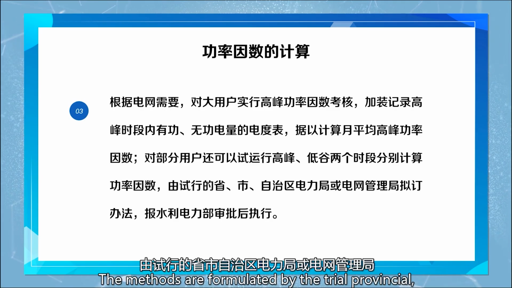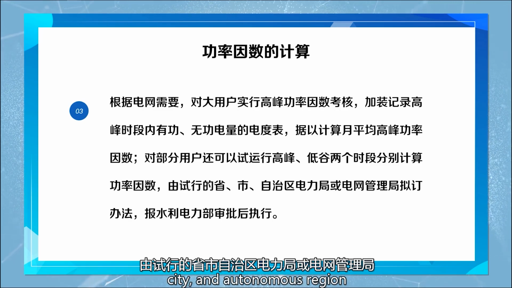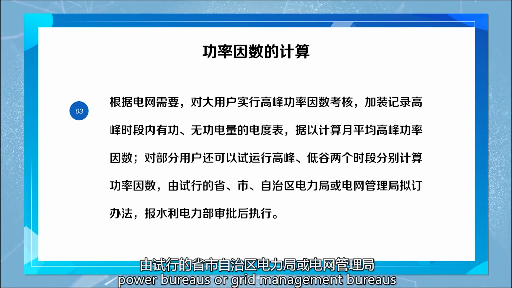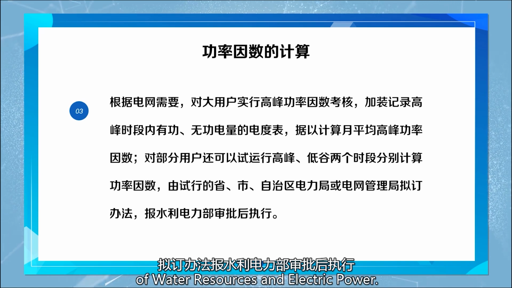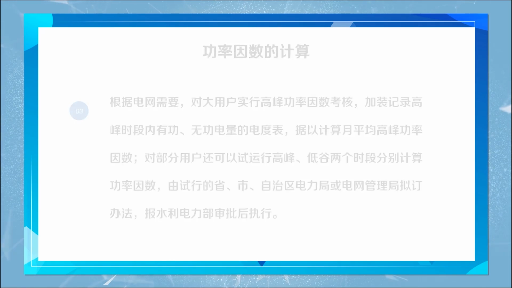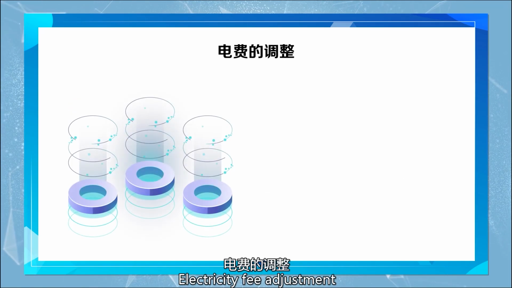The methods are formulated by the trial provincial, city, and autonomous region power bureaus or grid management bureaus, and implemented after approval by the Ministry of Water Resources and Electric Power. Electricity fee adjustment.